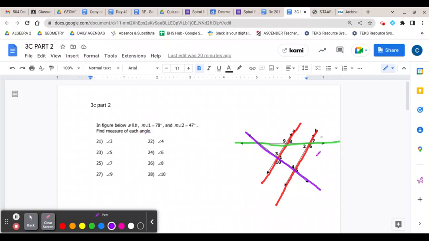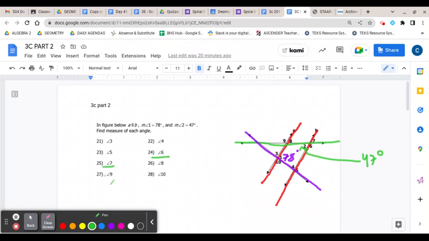They give us angle 1 is 78 degrees. So angle 1 right there is 78 degrees. So that should help us find 3, 10, and 4, and 5. They give us angle 2 is 47 degrees. I don't have a lot of space here. 47 degrees. So that 47 degree angle should help us get 6, 7, 8, and 9.